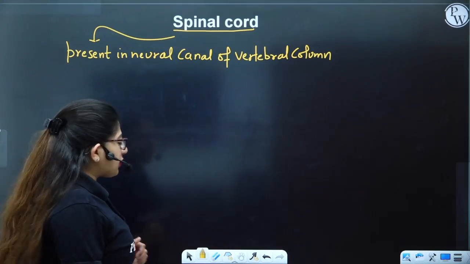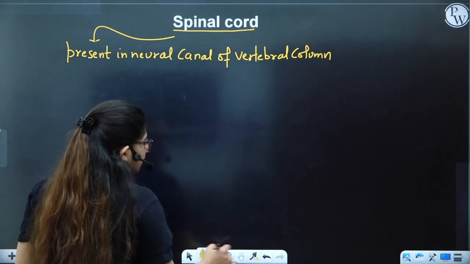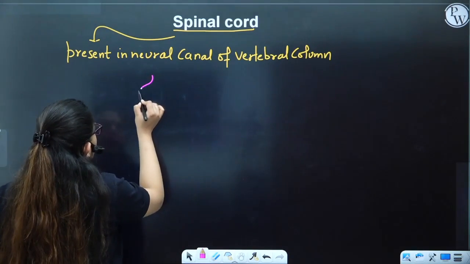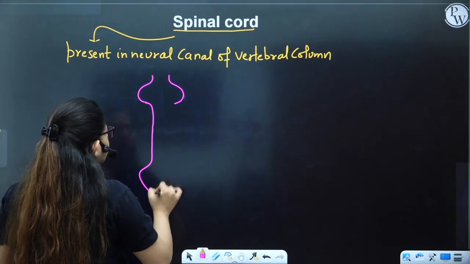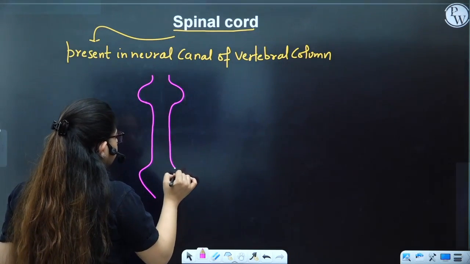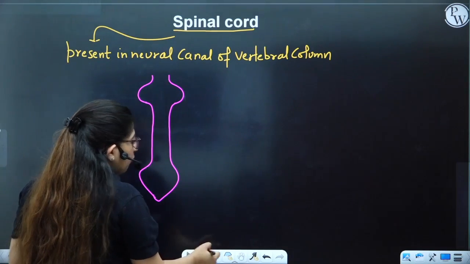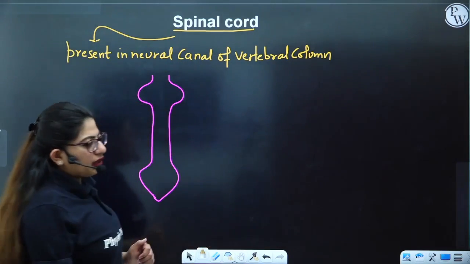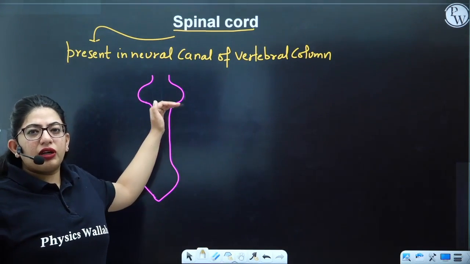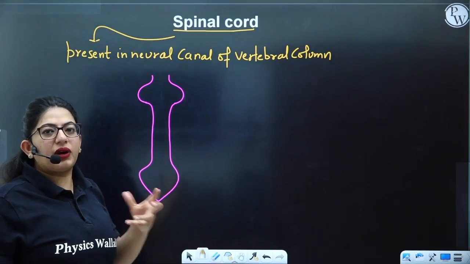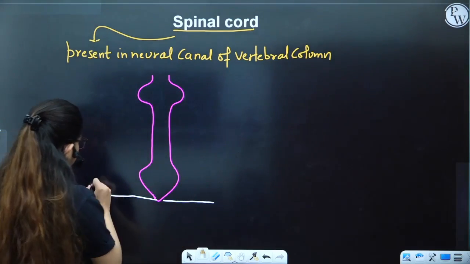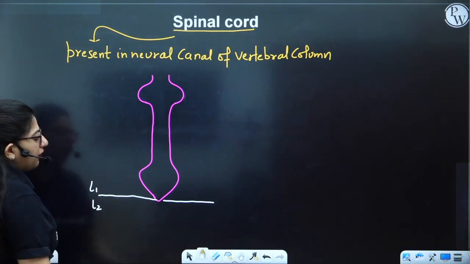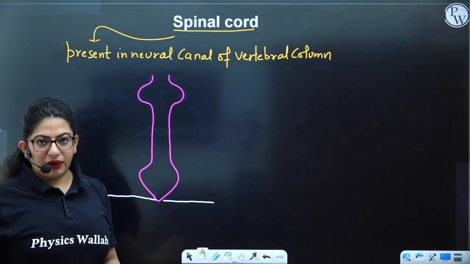So if you will see the spinal cord clearly, you will see the swellings on the spinal cord. One is a cervical swelling and another is a lumbar swelling. So the portion of the spinal cord has been demarcated depending upon the vertebra it is present. So it ends around L1 vertebra. This is L1 and this is L2. It will end around L1 and L2 vertebra. Okay.